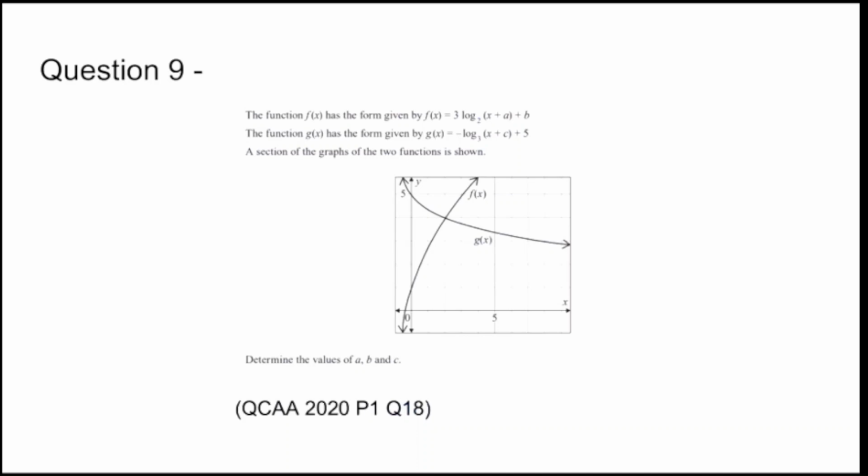No. Oh wait, yeah, f(x) is 0, 1. Will someone please send a screenshot out? Yep, awesome, thank you. We do have the y-intercept. It's 0, 1.